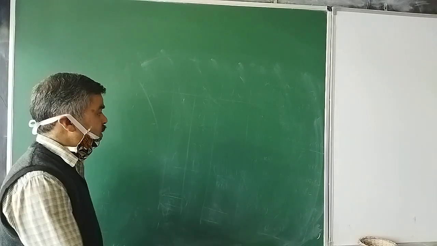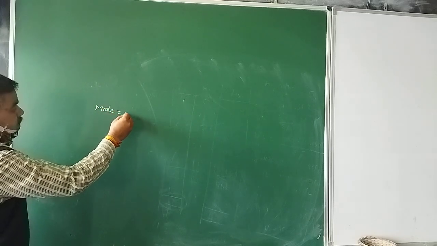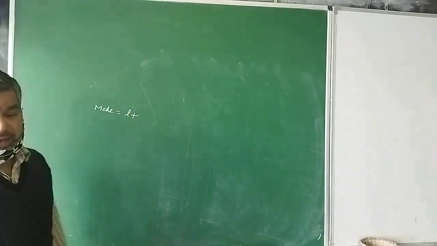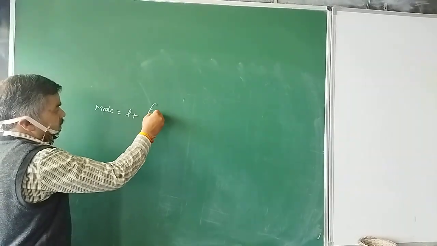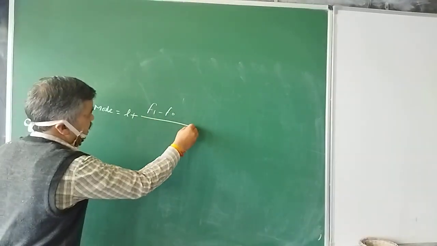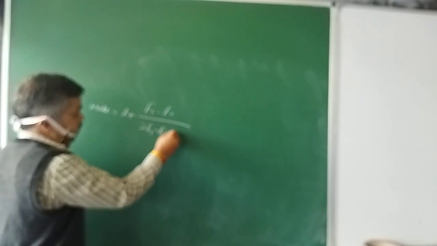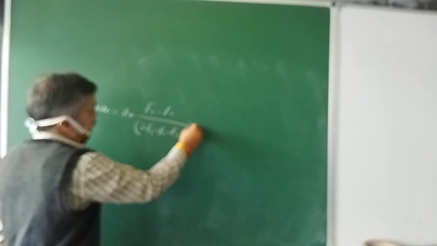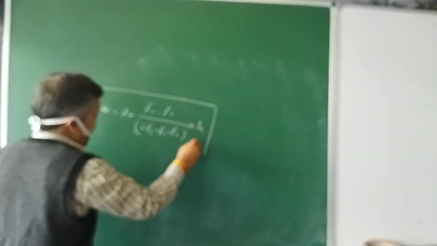So what is the formula to calculate the mode? First of all, you can make a note of that. Mode is always equal to L plus, then it is F1 minus F0 and whole upon, that is 2F1 minus F0 minus F2 and into H. So this is the formula which we will be using to calculate the mode of the grouped data.